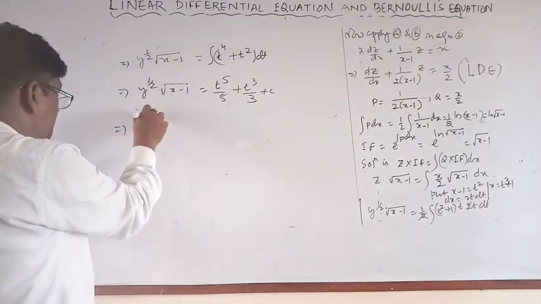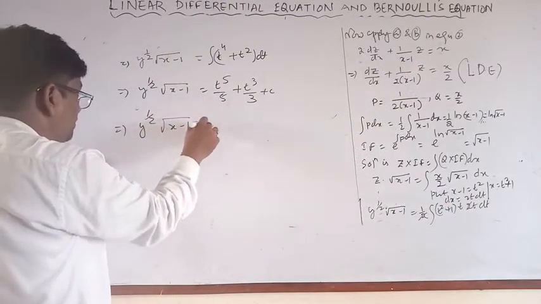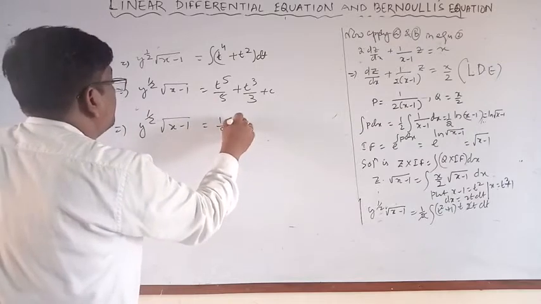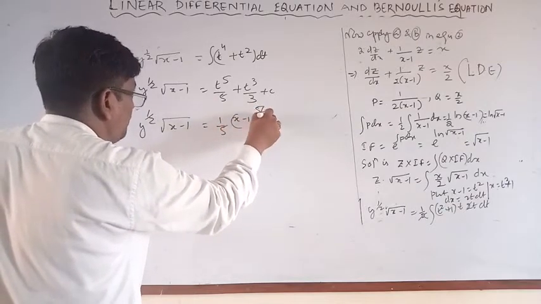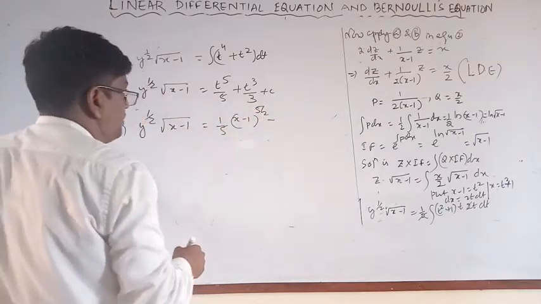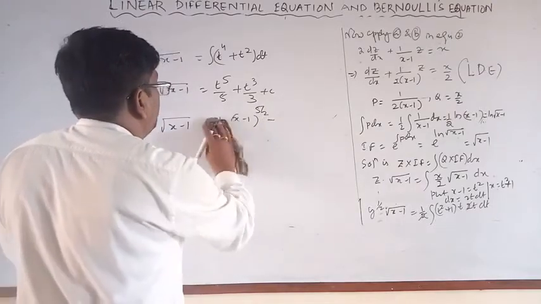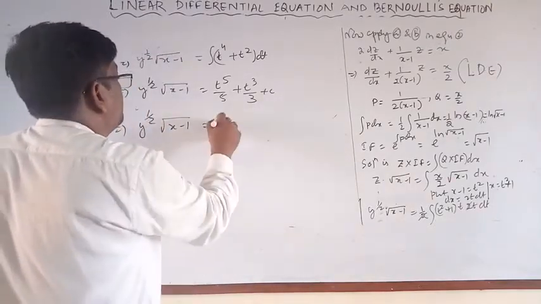So y to the power 1 by 2 root over x minus 1 equals 1 by 5 into x minus 1 to the power 5 by 2 plus the second term. Take t cube common here.